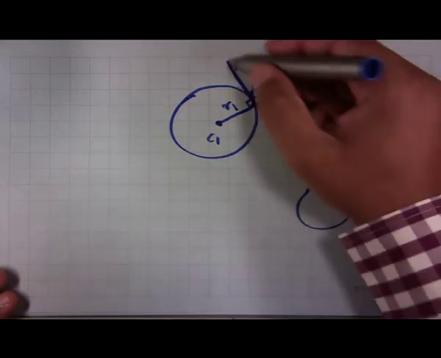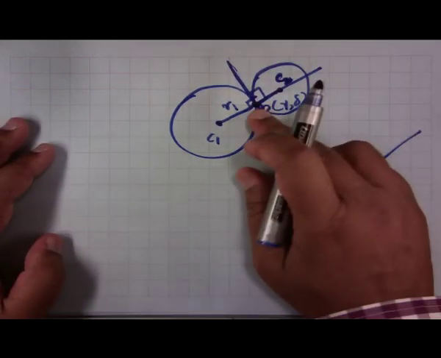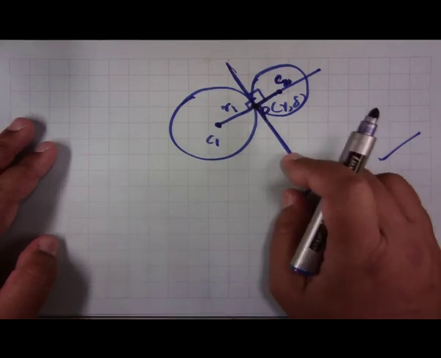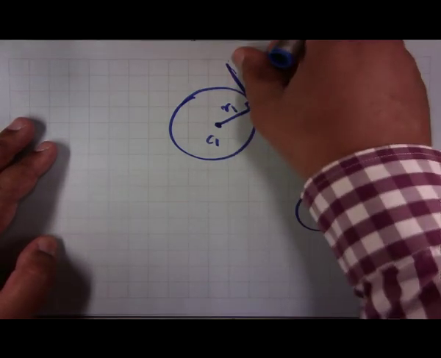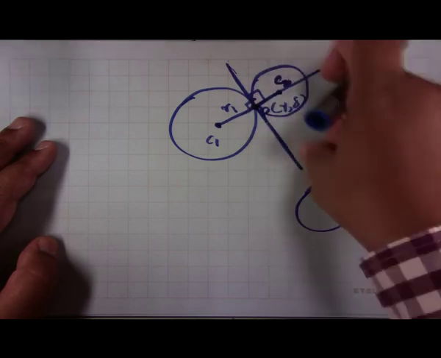Also, in this second case, where there is one transverse common tangent, it is very easy to find the equation of this particular tangent.